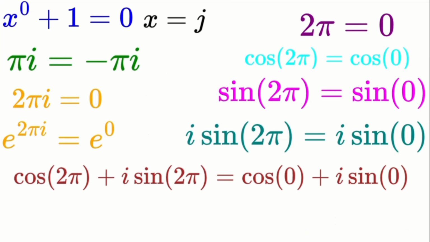Now, if we add these two equations together, we have cosine of 2 pi plus i times the sine of 2 pi equals cosine of 0 plus i times the sine of 0. This simplifies down to e raised to the power of 2 times pi times i equals 1. And as you can see, this leads us back to Euler's famous equation, e raised to the power of pi times i equals negative 1.